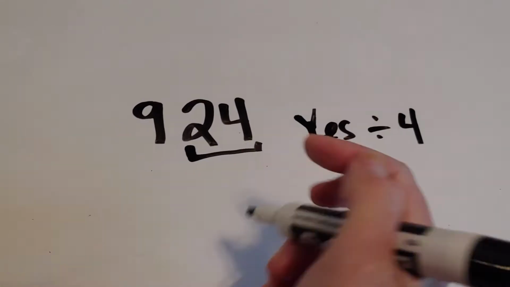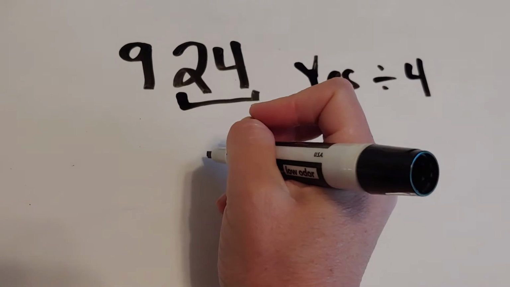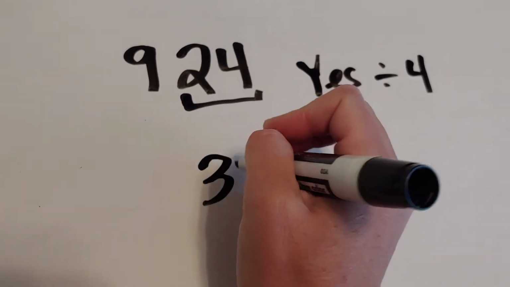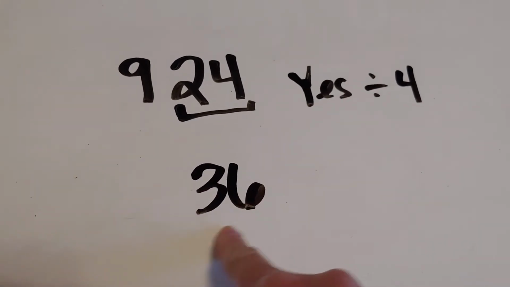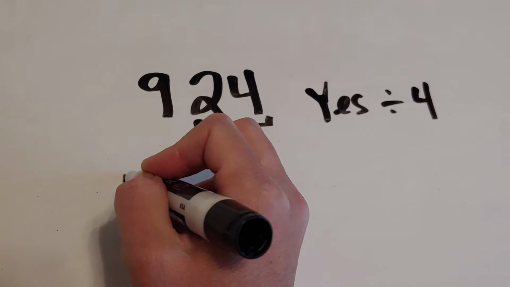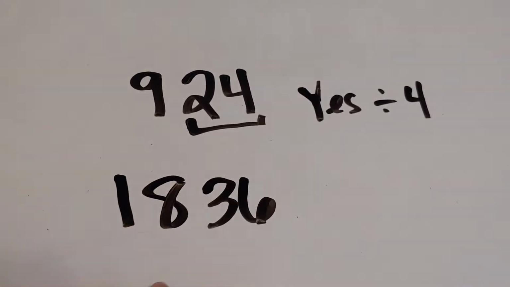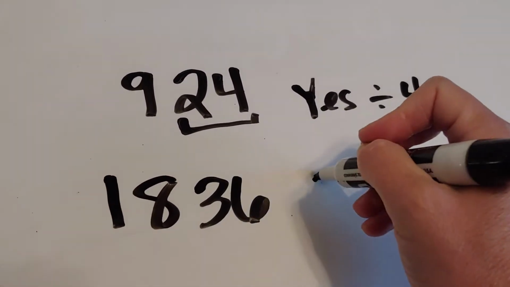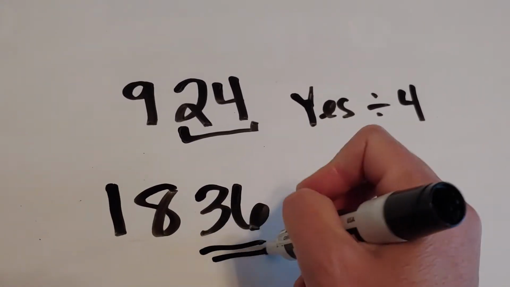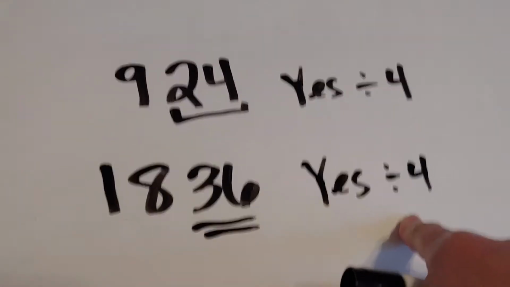Similarly, let's say I had 36. We know that 36 is divisible by 4. So here, if I had 1,836, again, this would still be, yes, divisible by 4 because the last two digits of 36 are divisible by 4.